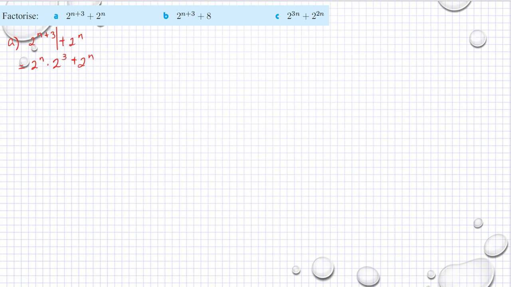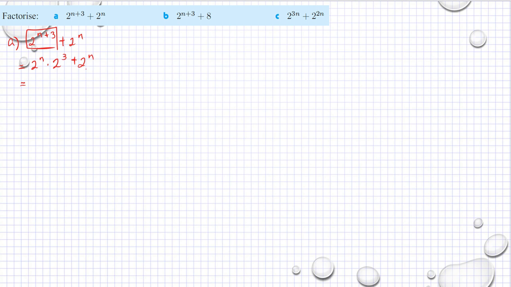Because we have a law that says that if we multiply the bases, we need to add the exponents. So we need to expand it and multiply the bases and separate the exponents.